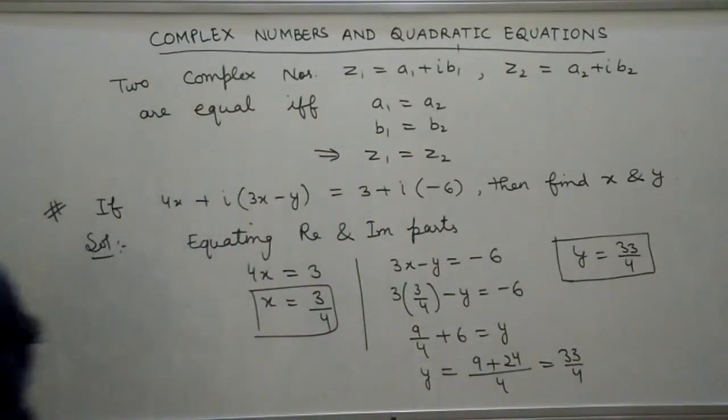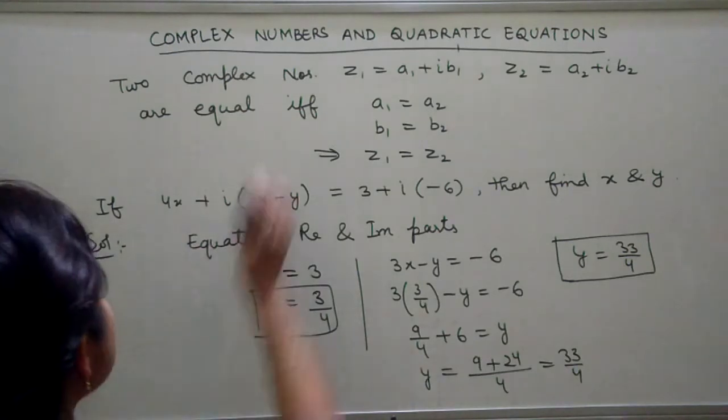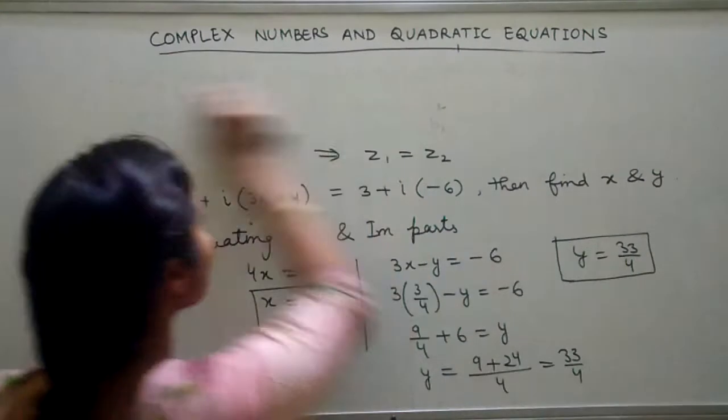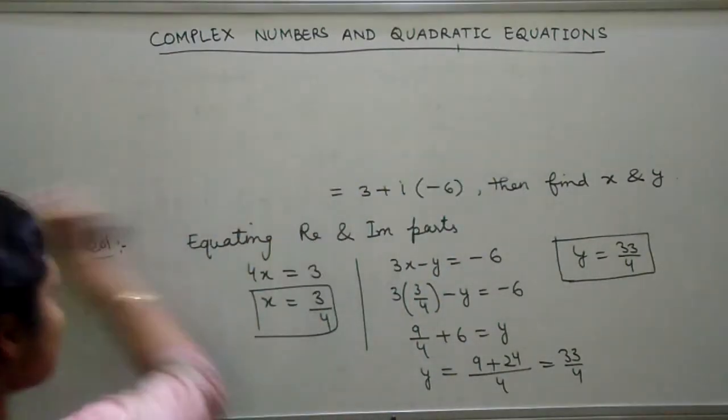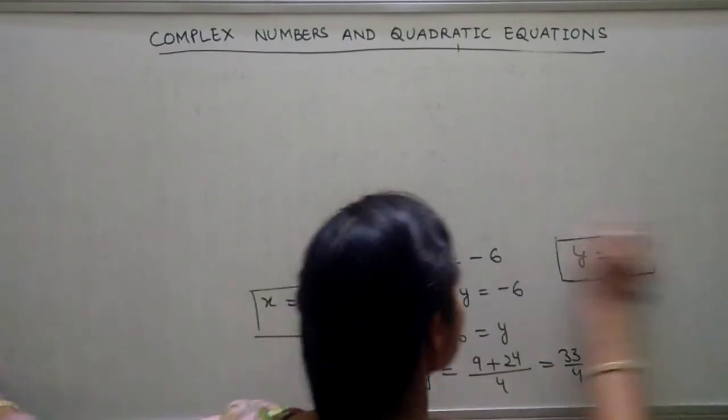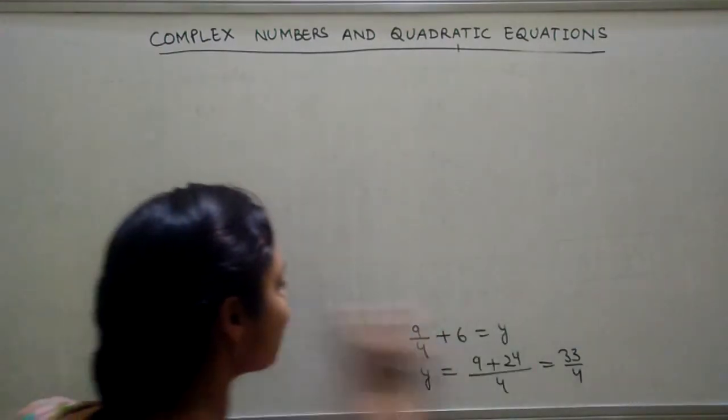Now come to the algebra of complex numbers. In algebra we always talk about four operations. First is addition, second is subtraction, third is multiplication and fourth is division.